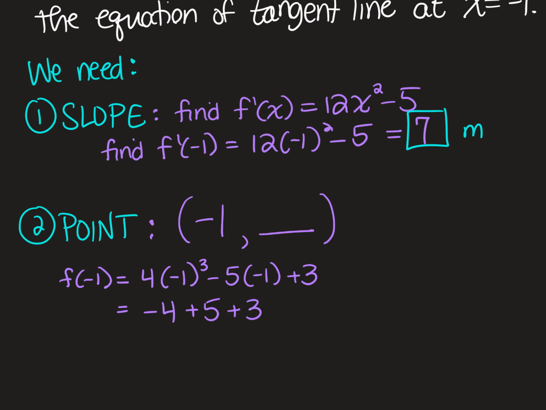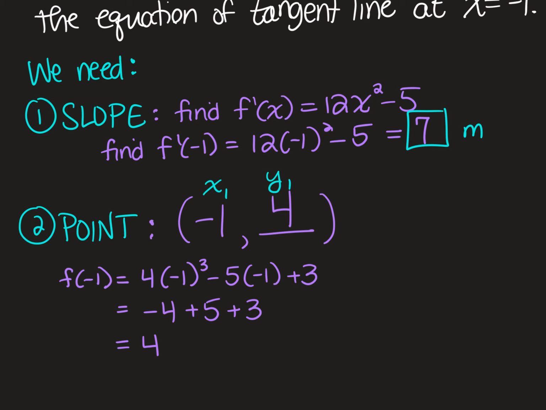So that is 4. So now I know what the y value is for my point. I was given the x value, use the original function to find the y value. Now I've got what x1 and y1 are. I've got everything I need to write the equation of this line.